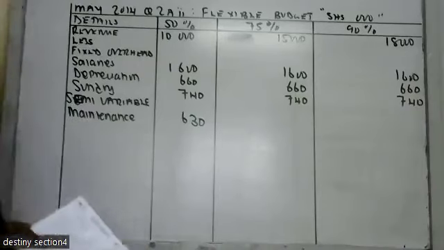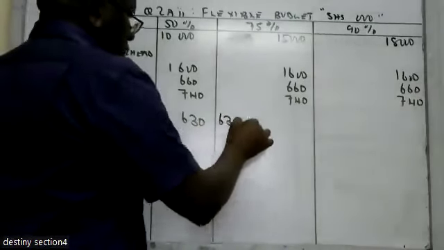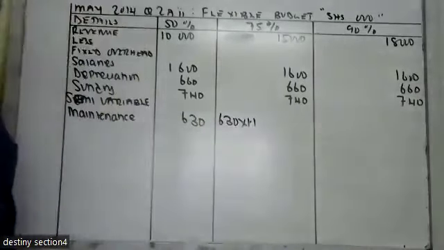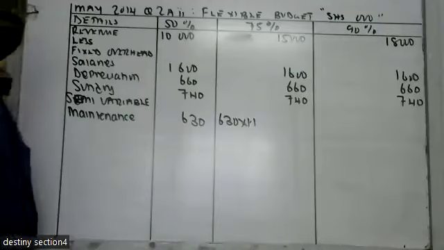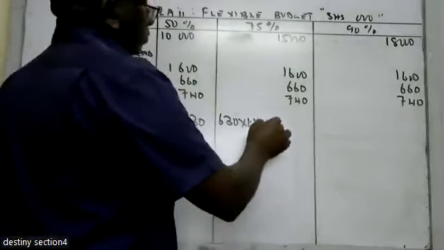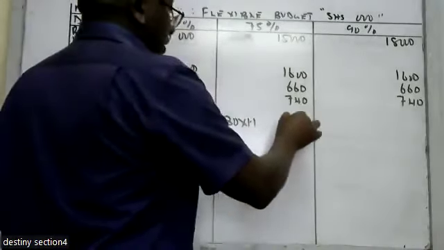So sasa we increase by 10%, is 630 multiplied by 1.1. So now we are 693.